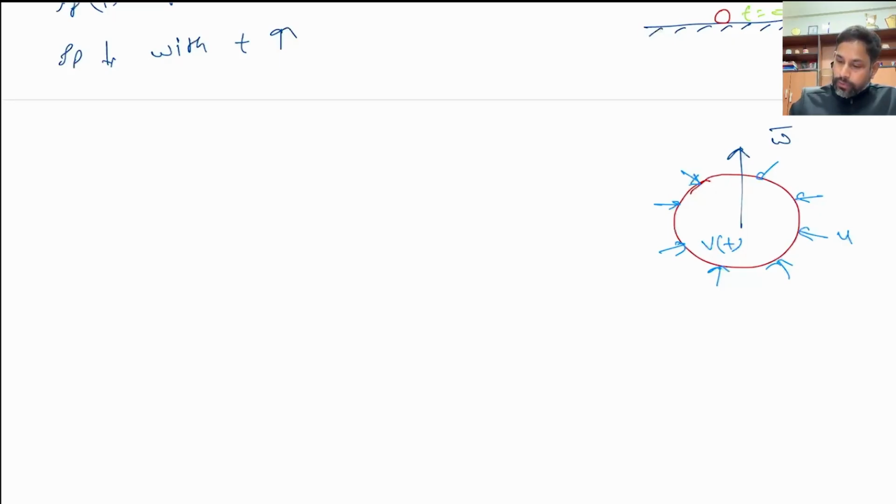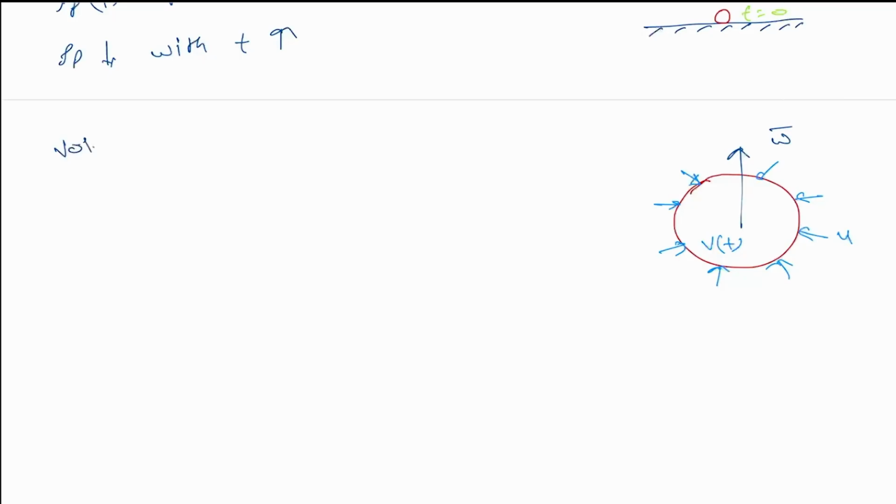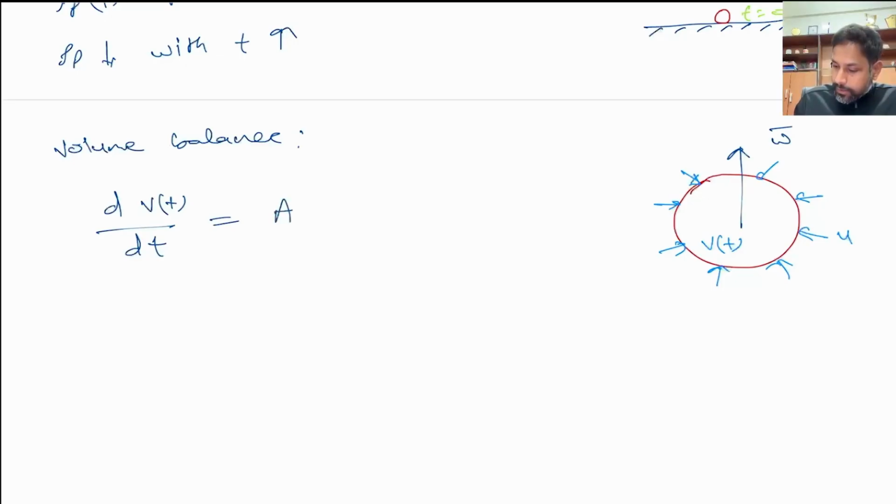Okay, so if we want to write the volume conservation equation, it will look like dV of t over dt must be equal to A times u.